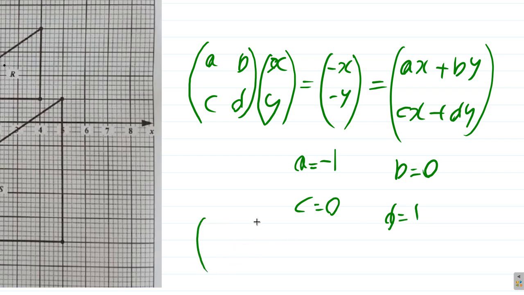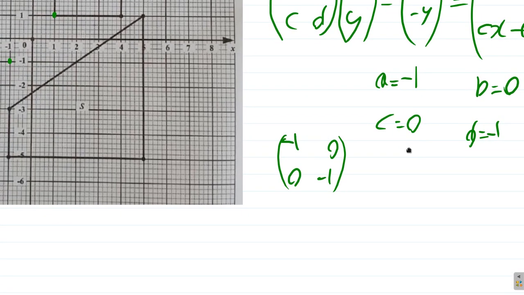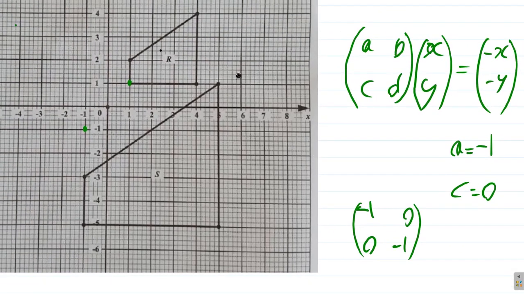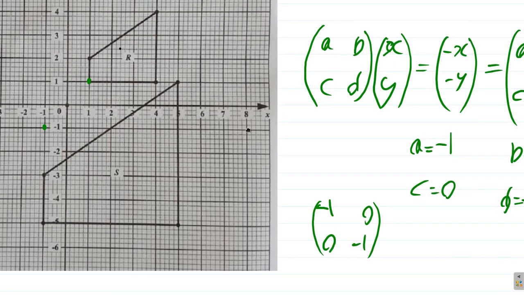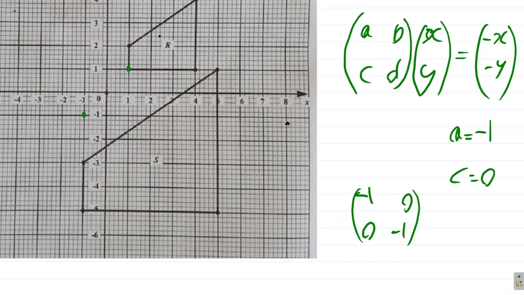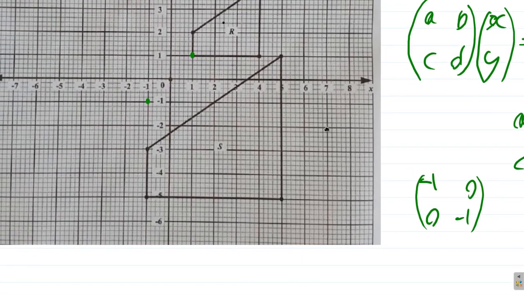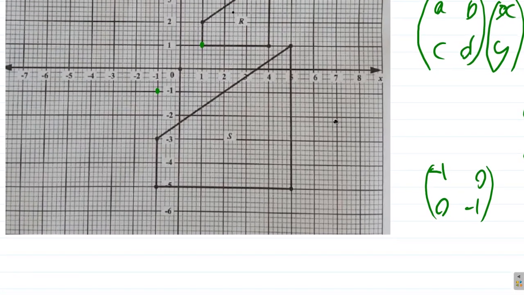So the matrix you're looking at is negative 1, 0, 0, negative 1. So that's the matrix. So if you take this matrix and multiply by any point here, you're going to get what results from rotating it 180 degree about the origin.